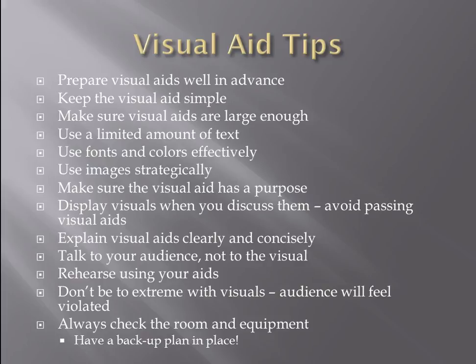Always avoid passing around a visual aid because that just becomes such a distraction. Explain visual aids clearly and concisely. Talk to your audience, not the visual aid. I love this one because a lot of times when you're using a visual aid, we tend to talk to the chart. We'll turn around and talk to the chart rather than pointing out things on there and talking to our audience. We want to avoid doing that.